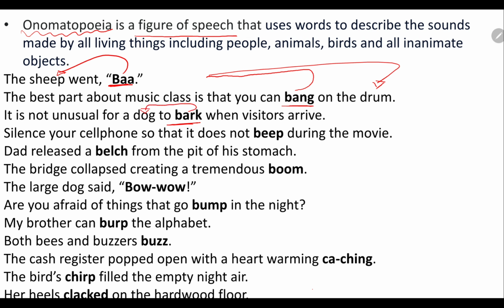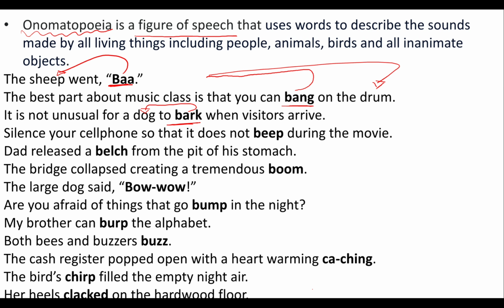Dog. So तीनों एग्जाम्पल्स में अगर अच्छे से देखेंगे हम, that certain words are seen like ba, bang and bark that are describing the sounds of any animal, of any instrument, that is inanimate object, or any bird, or any people we can say. So this is how onomatopoeia is used here.